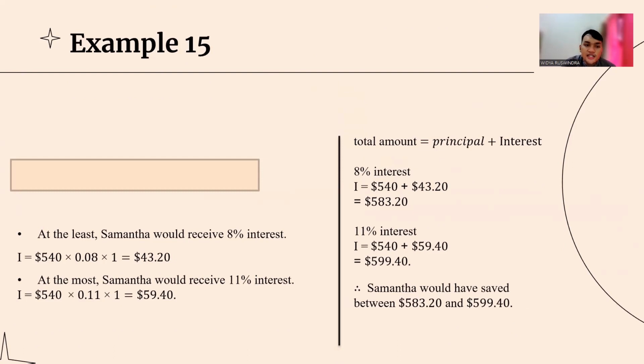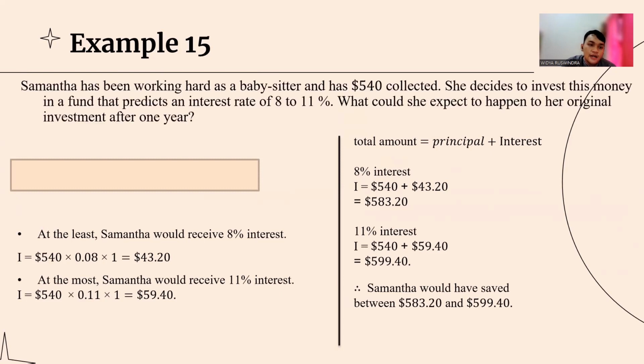Okay, the next question is example 15. Samantha has been working hard as a babysitter and has collected $540. She decided to invest this money in a fund that predicts an interest rate of 8 to 11%. What could she expect to happen to her original investment after 1 year?